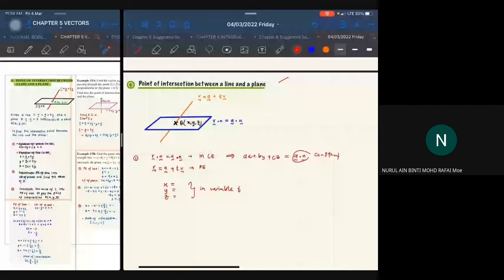Two lines, ada satu soalan. Two plane pun ada satu soalan. Dua-dua ni out of syllabus. O-O-S. Out of syllabus. Okay, so tak perlu buat. Tapi if you want to know or you are curious, awak nak try juga, ada masalah, okay, go for it. Nanti check je dengan saya jawapan.